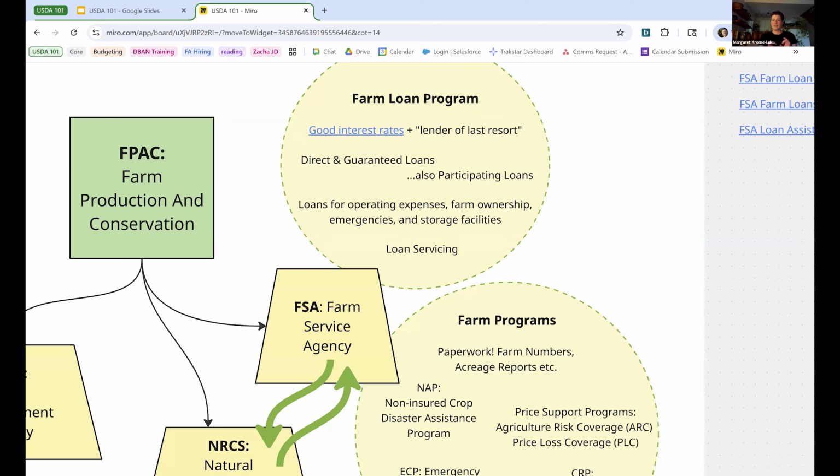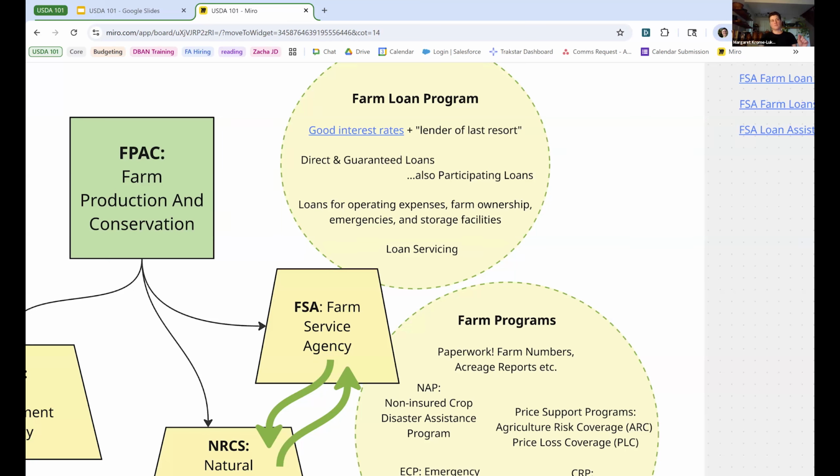There are different categories of guaranteed lenders, and the guaranteed lenders that do the most guaranteed loans are called preferred guaranteed lenders. And whereas the other categories of guaranteed lender are required to follow Farm Service Agency's procedures for loan servicing, preferred guaranteed lenders specifically can follow whatever they have written down in their lender agreement.